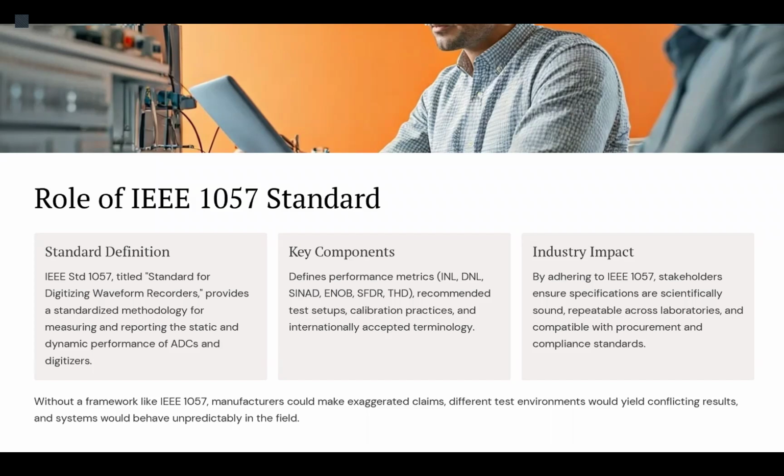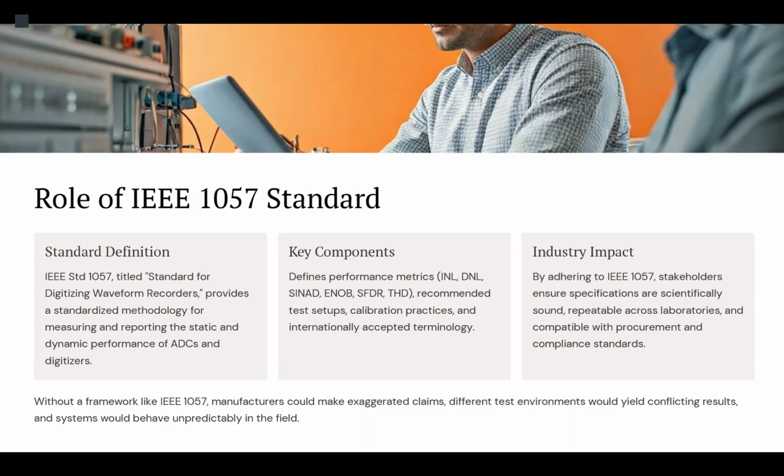Okay, without this standard, basically manufacturing facilities, the vendors, could exaggerate the specs, because they would implement their own assumptions or their own testing configuration that favors their result and their product.